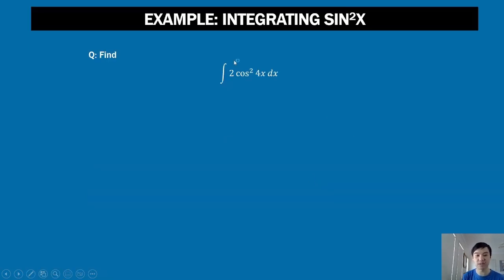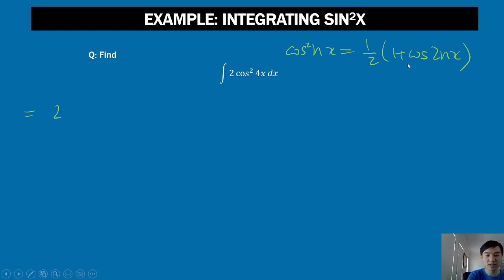So here's a question. Let's say we wanted to integrate 2 cos squared 4x. If we take out the 2, we know that cos squared nx is going to be half 1 plus cos 2nx from the double angle formula.